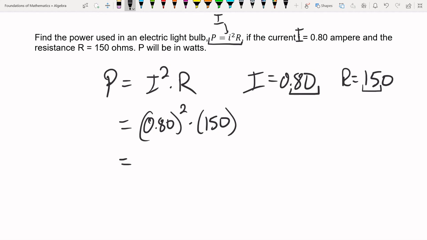Using PEMDAS, we do exponents first. 0.8 squared is going to be 0.64. Pretty sure that's correct, but let me just check. Yep, 0.64. And we multiply this by 150. And we get 96. And this is going to be in watts. The unit for that is just capital W.